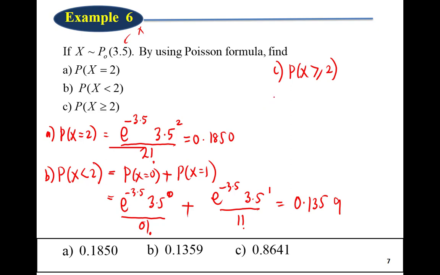So we are going to take the total probability, which is 1, minus the probability of X less than 2, excluding 2. From the previous question, we have 1 minus 0.1359, which equals 0.8641.